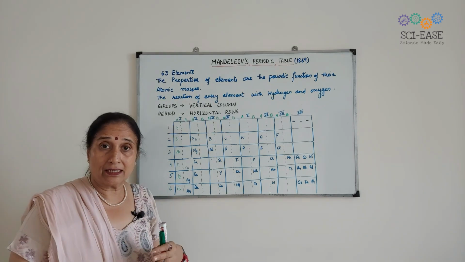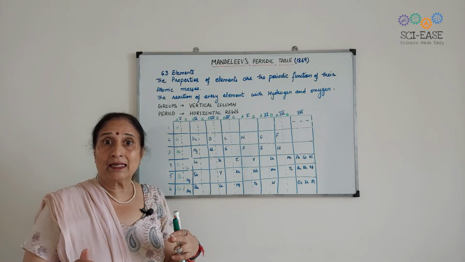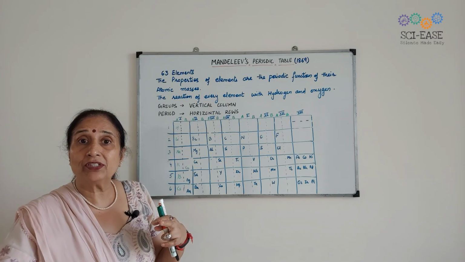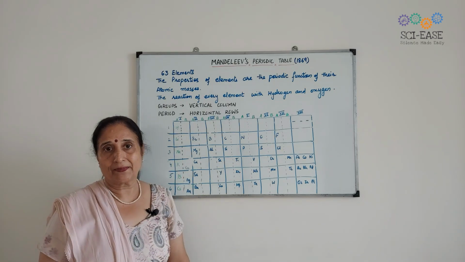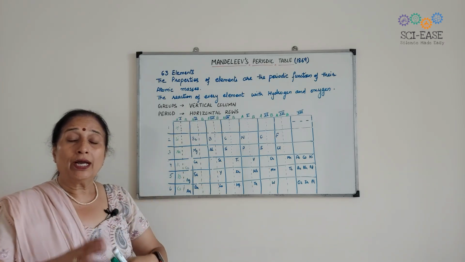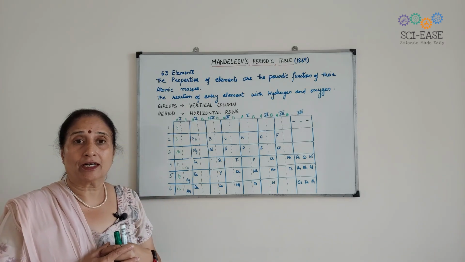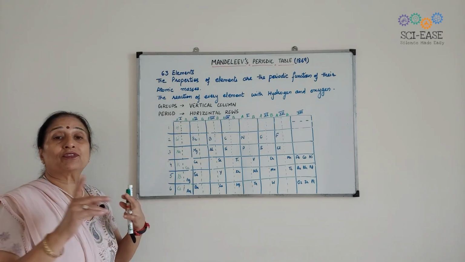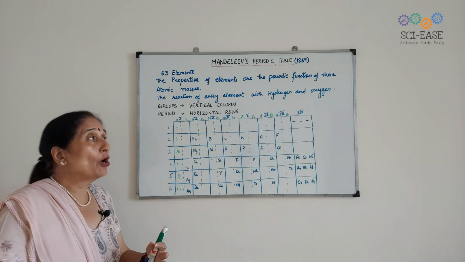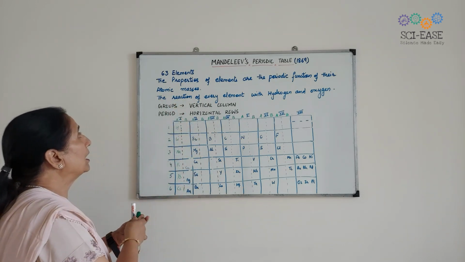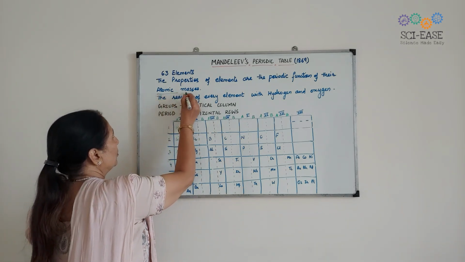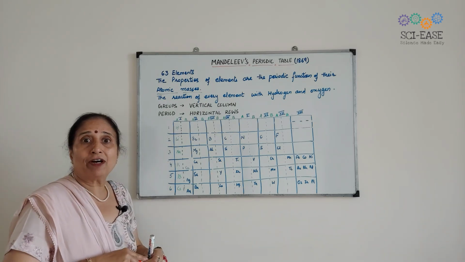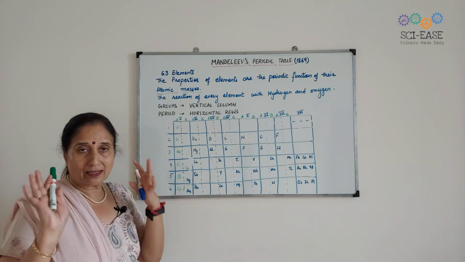He arranged the elements in increasing order of their atomic masses. So, he gave the definition of the periodic law: the properties of the elements are the periodic function of their atomic masses.